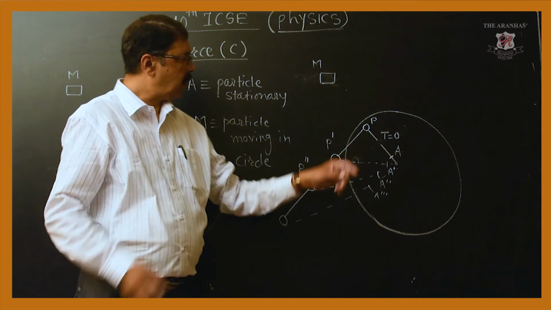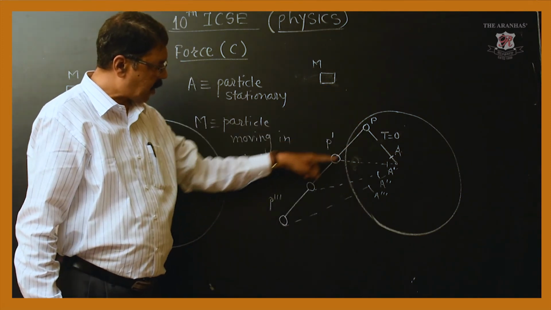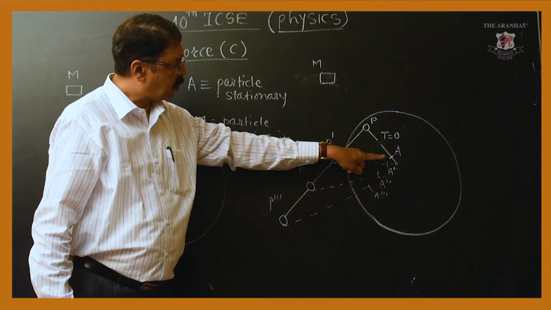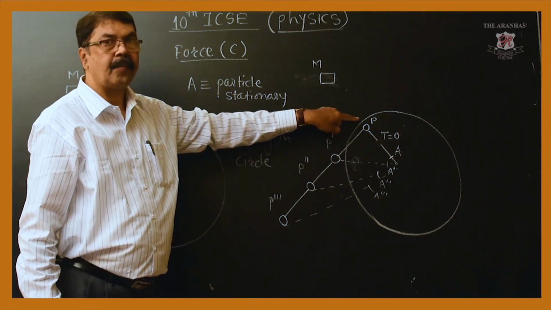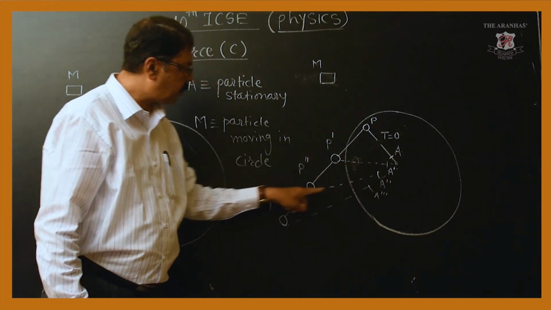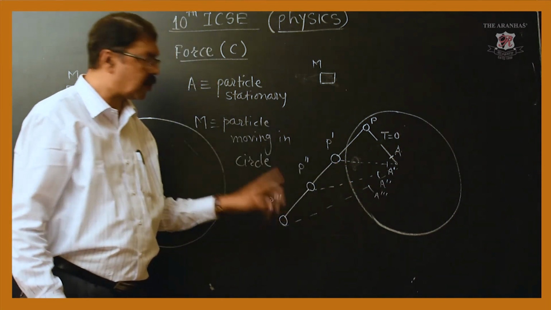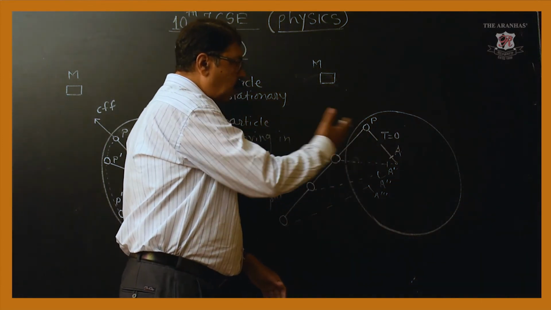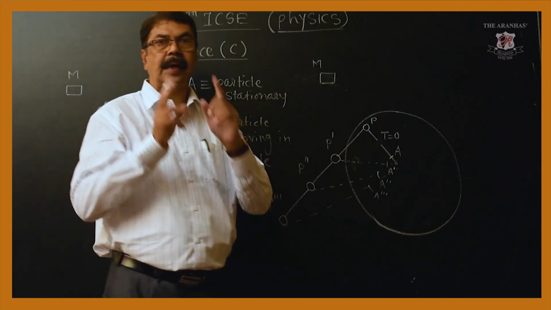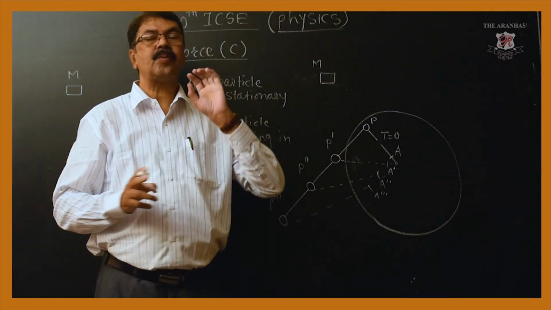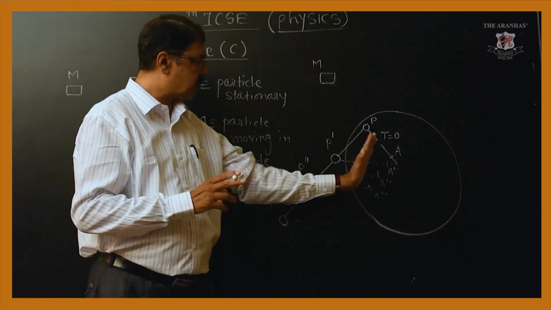Now, what is happening for this person? It is traveling along a straight line. For this person, the particle remains in front of him here, remains in front of him here, remains in front of him here also, and here also. Means the particle is moving away from him. It is remaining in the straight line along with the person, but it is moving away from that person.